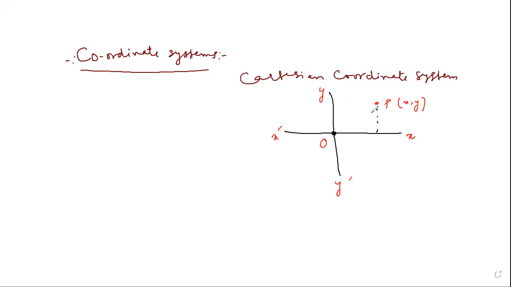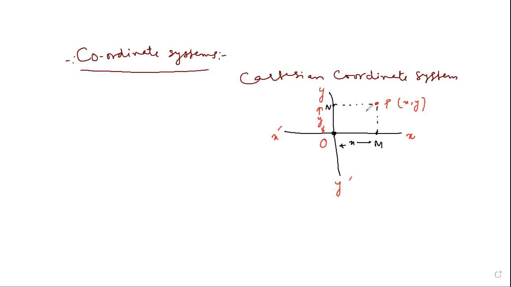If I draw a perpendicular from P on the x-axis and a perpendicular from P on the y-axis, let this point be M and this be N. The distance OM is the x coordinate of point P, and distance ON is the y coordinate of point P. We see how far this point is from the origin along the x-axis, that is its x coordinate, and how far along the y-axis, that's its y coordinate.